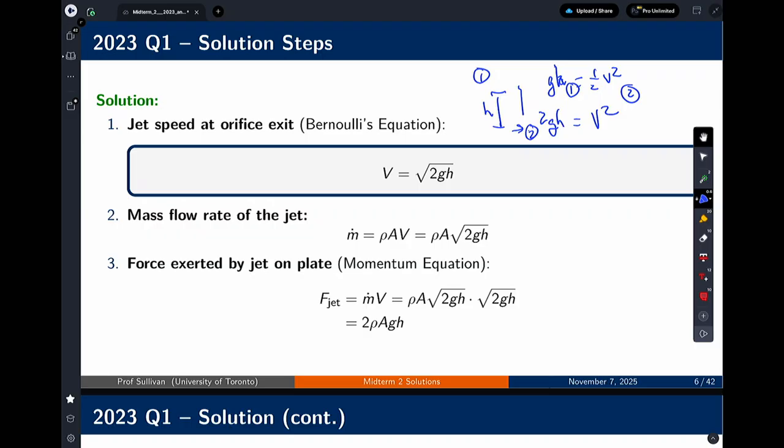The mass flow rate out of the jet is just going to be rho times A times v. You're given the diameter usually in these problems. And the force exerted on the plate, the momentum equation, is just going to be m dot v, 2 rho A gH. Any questions so far?